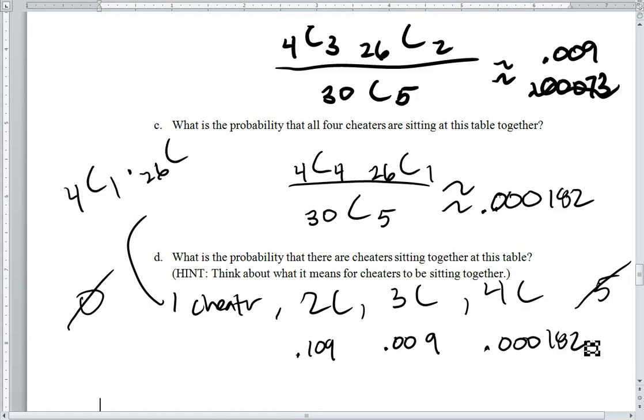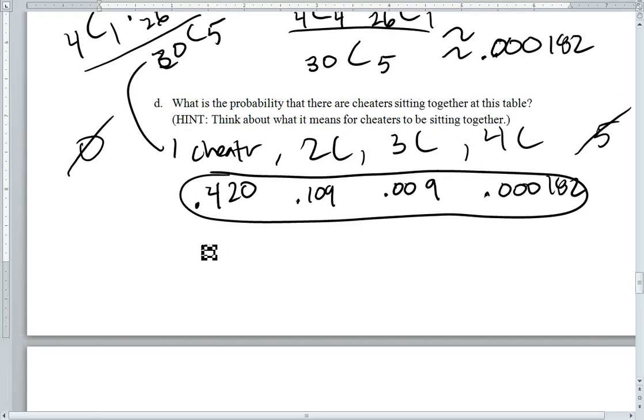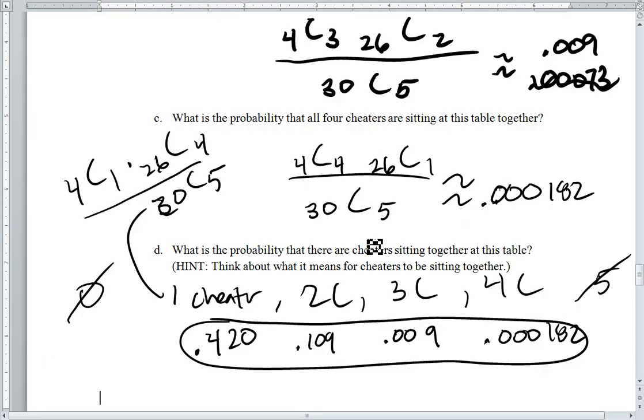From the 26, we're going to select 4 students, and that's out of 30 combination 5 different group possibilities. This probability is about 0.420 if you calculate it. So the sum of all these probabilities equals the likelihood that we have any number of cheaters at this table, so 1 or more. That comes out to about 0.538.